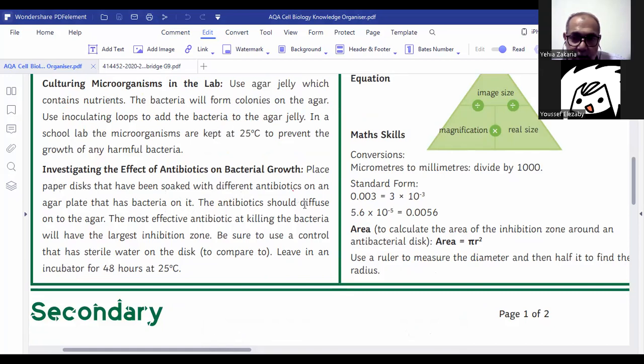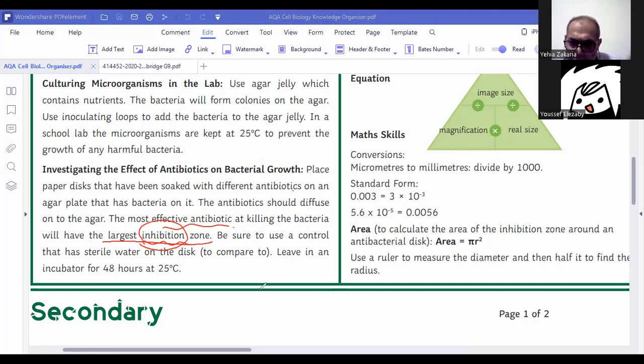The antibiotics diffuse into the agar. The most effective antibiotic at killing the bacteria will have the largest inhibition zone. You understand what I mean by largest inhibition zone? The most effective antibiotic will inhibit the growth of the bacteria.